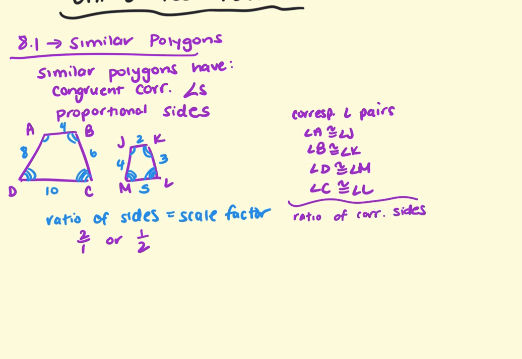So I would match up each side length. AB would go over JK, BC would go over KL, DC would go over ML, and AD would go over JM.